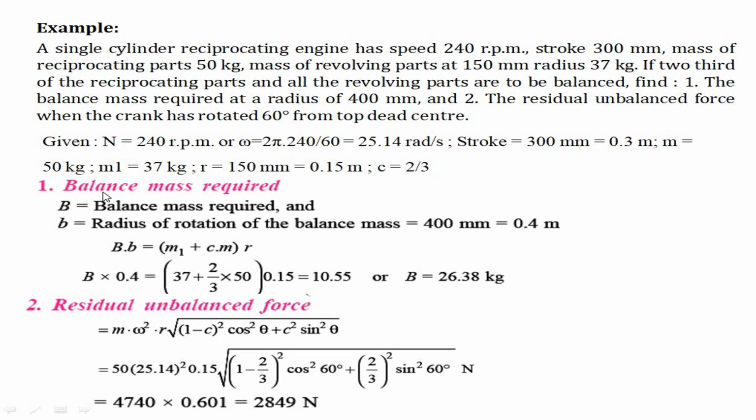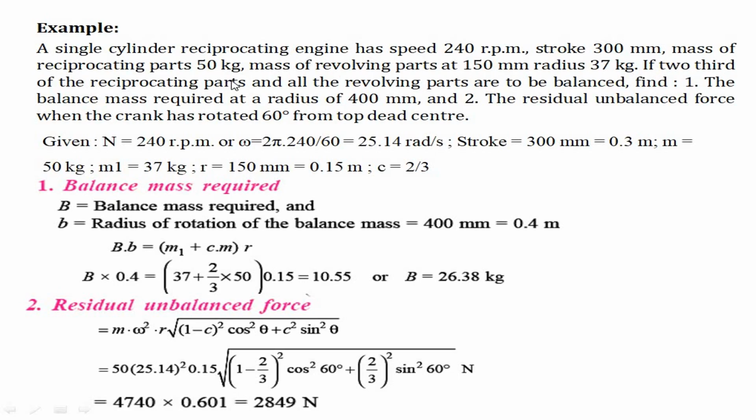So first of all, we are going to determine the balance mass required. The balance mass required, BB, is equal to MR, that is (M1 plus CM). Friends, we have to focus here, because we are going to balance the complete revolving mass as well as a fraction of the reciprocating mass. The fraction given is 2/3.